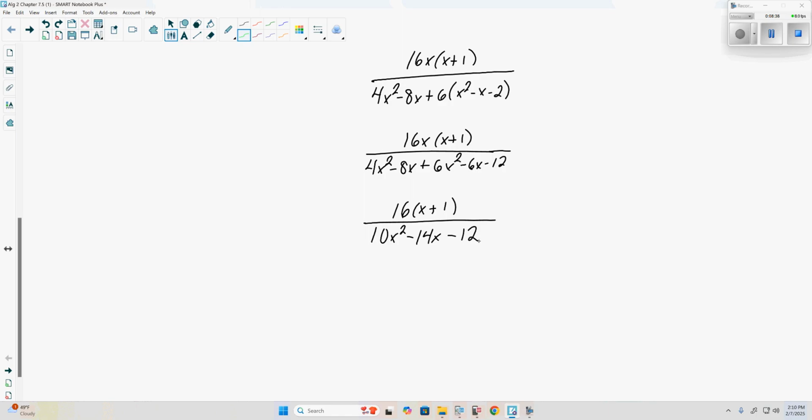Questions on this so far? Is there a greatest common factor on the bottom? Greatest common factor of 2. Okay. So we'll have 2 times 5x squared minus 7x minus 6.